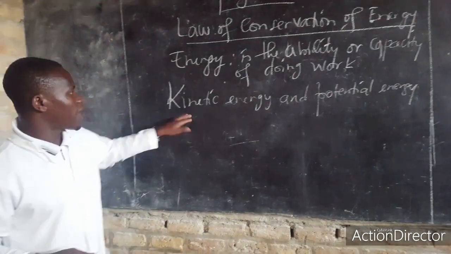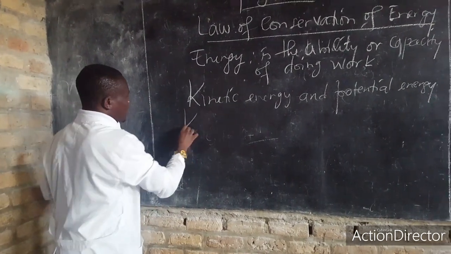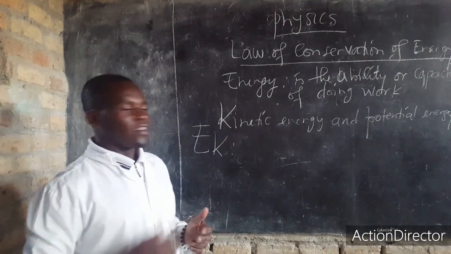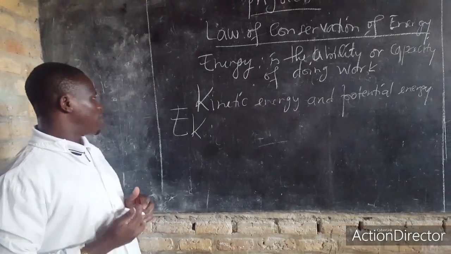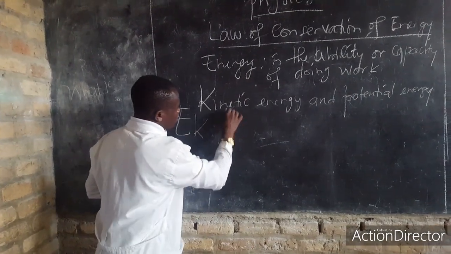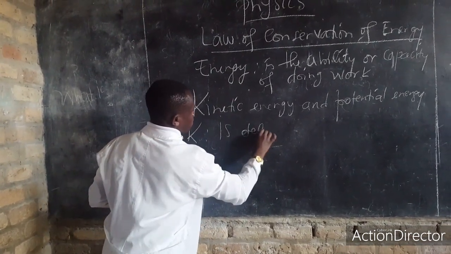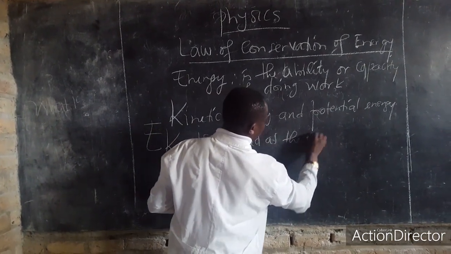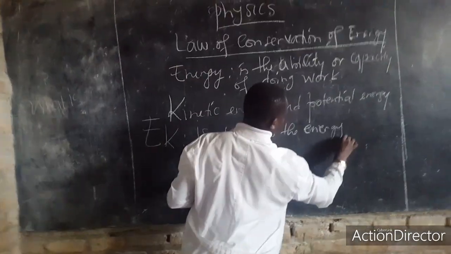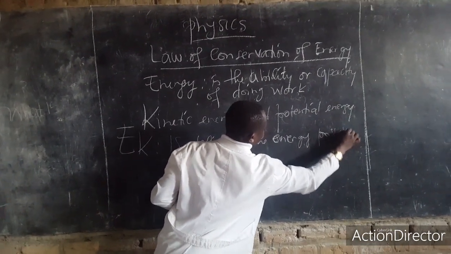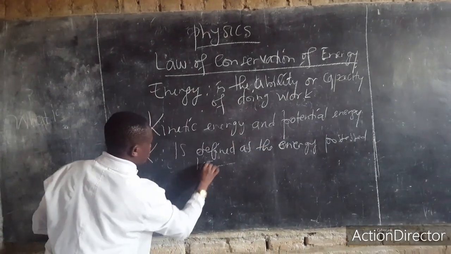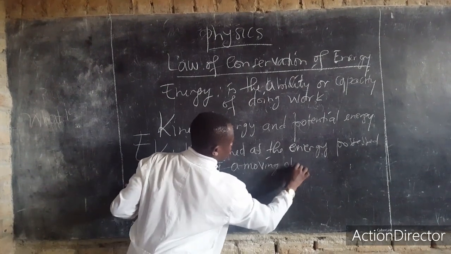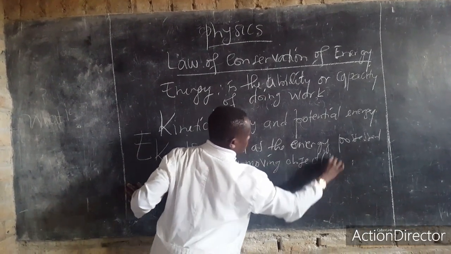By starting with kinetic energy, as represented by letter EK, it is defined as the energy possessed by a moving object or body.